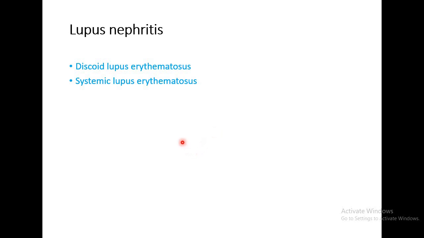So when we talk about lupus nephritis, we are referring to systemic lupus erythematosus, which affects skin, joints, kidney, brain, and this is a fatal disorder. The exact etiology of this is not known, but 9 out of 10 who have lupus are women. So there is female predilection.